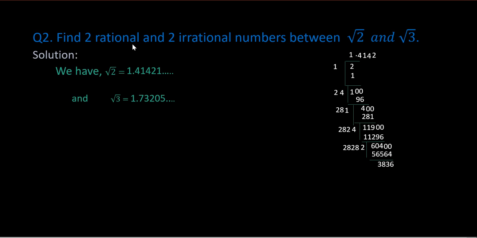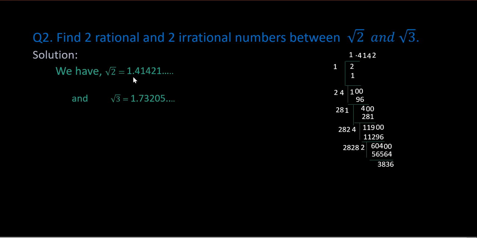So as we know, rational number means what? It should be a terminating decimal. So here we have root 2, which is 1.41421, and root 3 value we have 1.73. So between these two numbers we can take any two rational numbers.